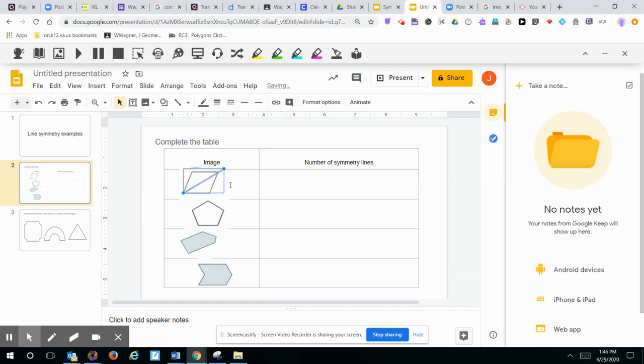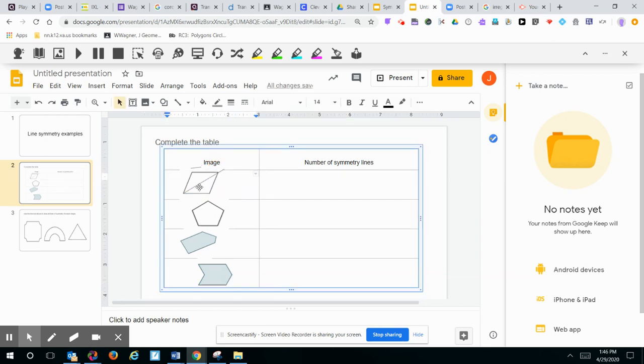Once I draw the line through the figure, does the left side or top match with the bottom? Like, would this point fold onto that point? Since drawing this diagonal line through was a yes, that is one line of symmetry. If I were to draw through the other set of diagonals, that would give me two lines of symmetry.